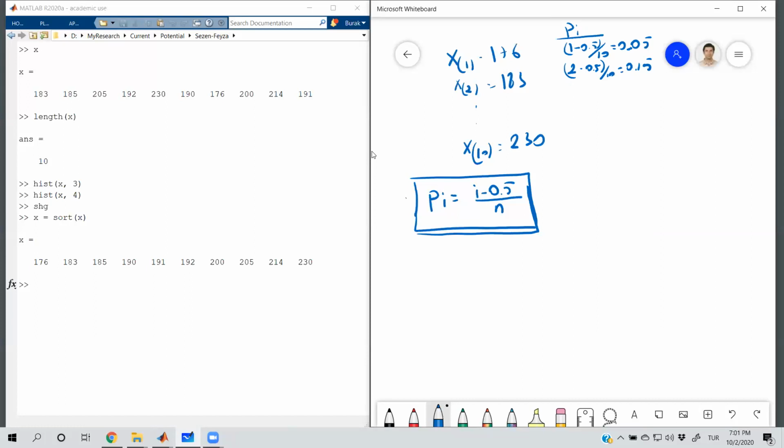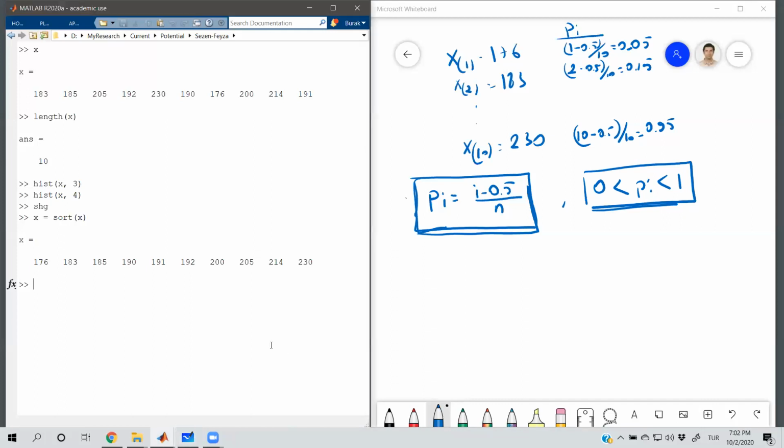And if you come to the 10th observation, 10 minus 0.5 divided by 10 is going to be 0.95. The nice thing about this formulation is that Pi is always between 0 and 1, which is of course a property of a quantile. So first we rank order these observations, then find the corresponding quantile values using these formulas.